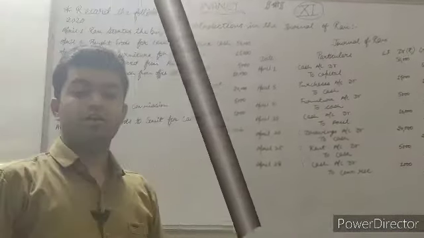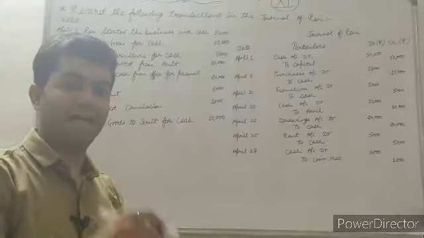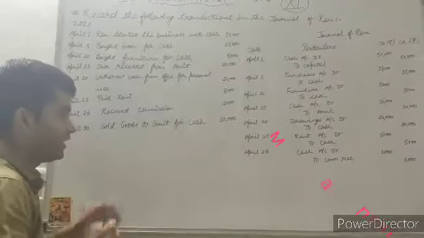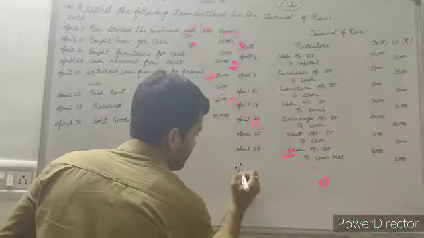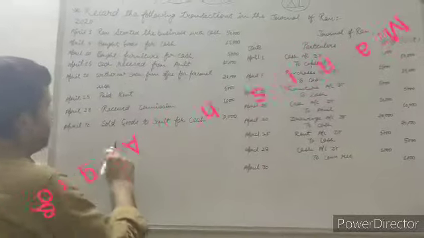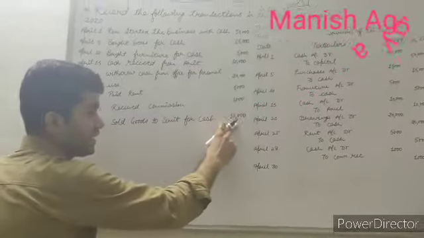Okay students, now move to the last entry, and the last entry is of April 30. What is the last entry? Sold goods to Sumit for cash, 10,000 rupees.